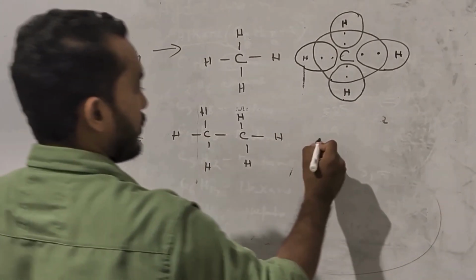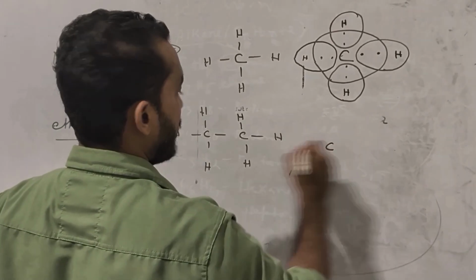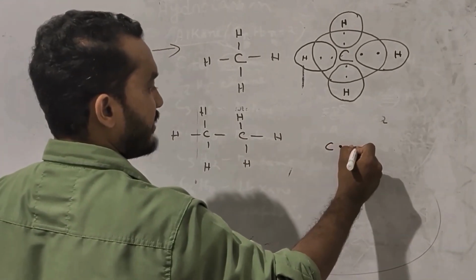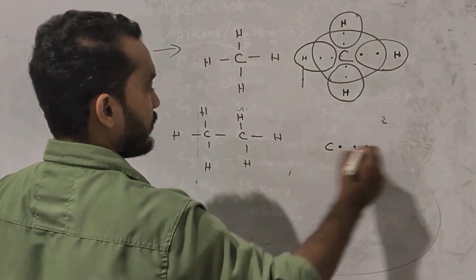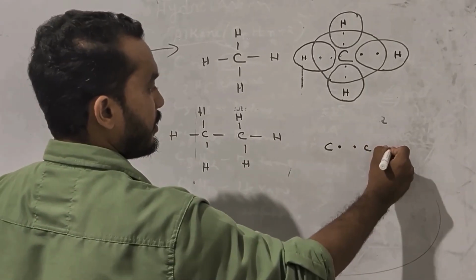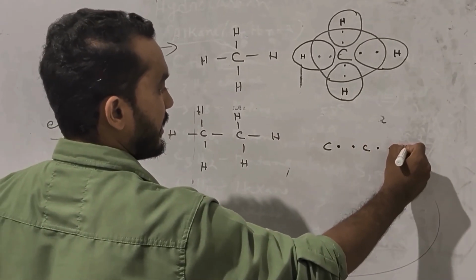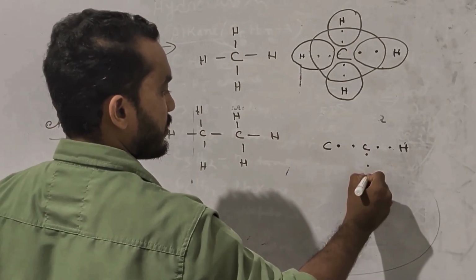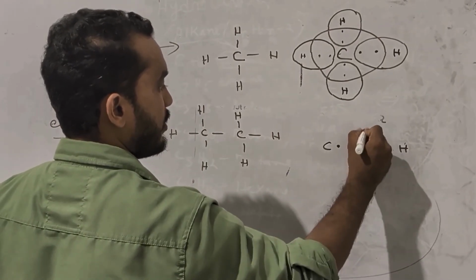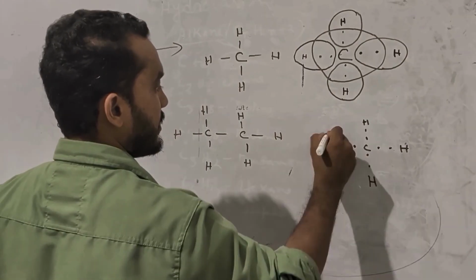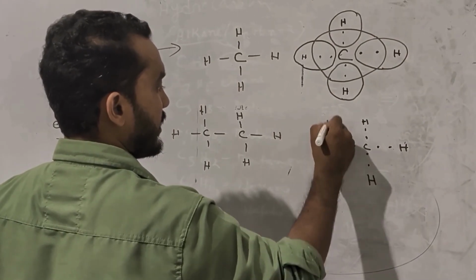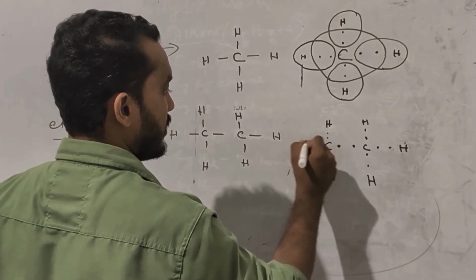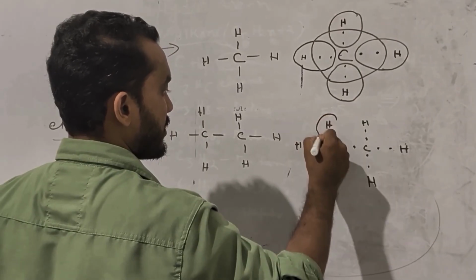See, as I have mentioned, between carbon and carbon there is one bond. For one bond it involves 2 electrons. Again, for this one bond, 2 electrons are there. And let me write here hydrogen. Here for one bond, 2 electrons, hydrogen. One bond, 2 electrons, hydrogen. Here also one bond, 2 electrons, hydrogen, and so on.